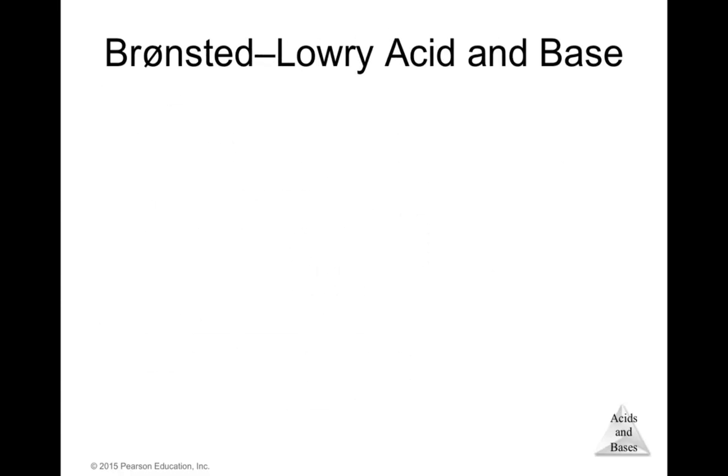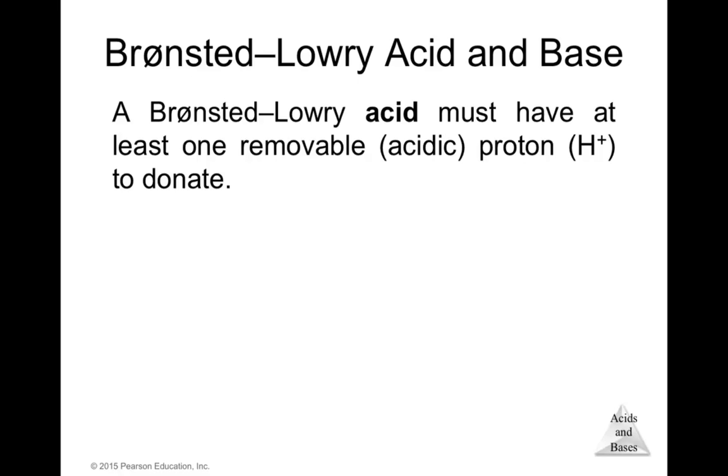So, using this Brønsted-Lowry acid and base definition, let's explain a little bit how they came up with these definitions. A Brønsted-Lowry acid must have at least one removable acidic proton to donate. So a species that could be an acid must have this acidic proton.